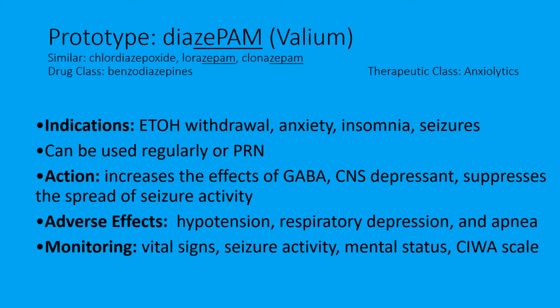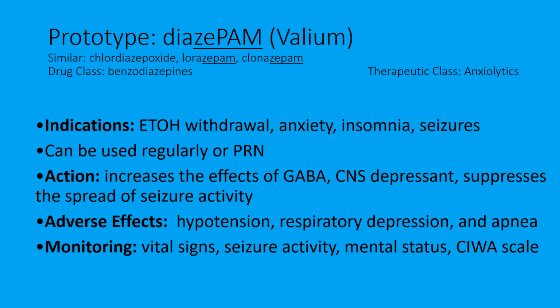Okay, so they increase the effects of the GABA system, which is that inhibitory neurotransmitter in the brain. So it's going to suppress the brain, it's going to relax the brain.